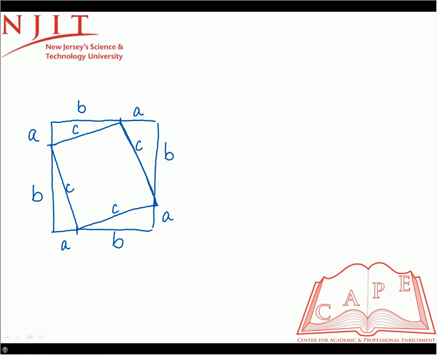Now, as you can see outside of that inner square, we also have 4 triangles on the inside. And it kind of looks like the right triangle of the Pythagorean theorem, where the sides are a, b, and c.